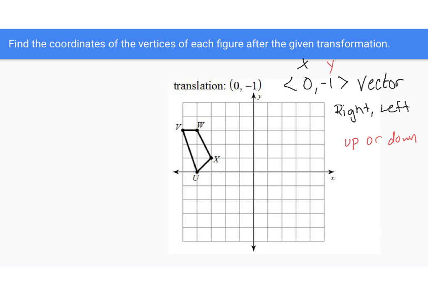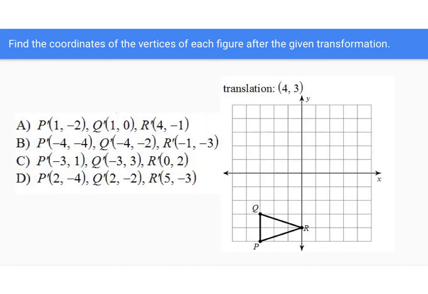Because the number is negative, I know that I'm going to go down 1. So I'm going to take each point and move it down 1. That becomes my new w, my new v, my new u, my new x. And all I did was follow my vector notation, which told me to move down 1.